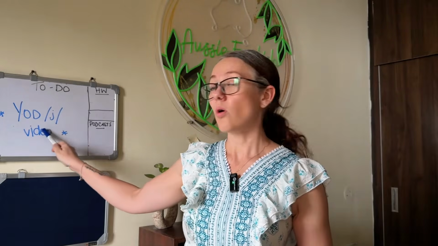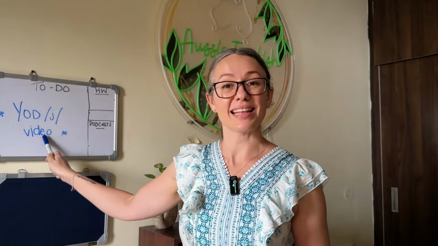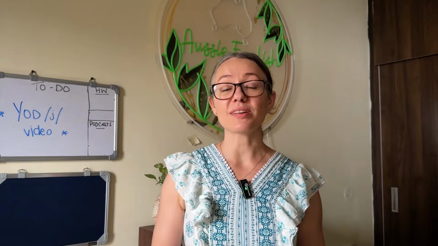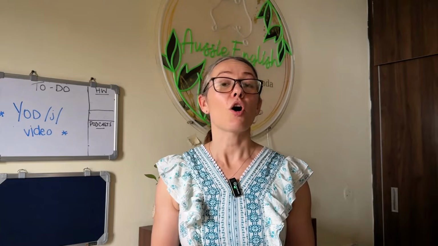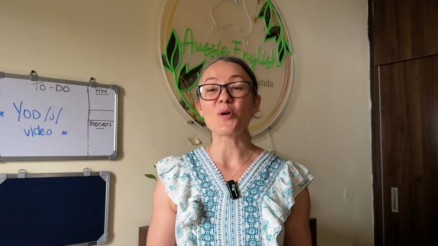Let's get started. What is the yod sound? The yod sound is the y sound, or this J-looking symbol in the phonetic alphabet. It's the same sound you'll hear in yes, yellow, and you. In phonetics, it's called the palatal approximant, but you don't need to know technical terms. Just remember this, it's that light y sound that often comes before a vowel, especially the oo sound in you or new.